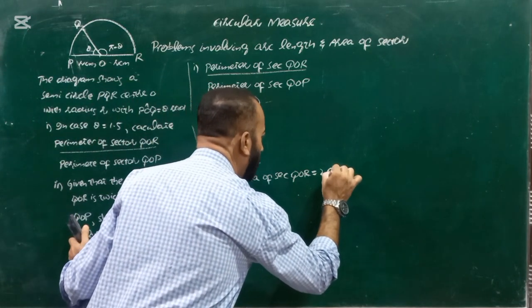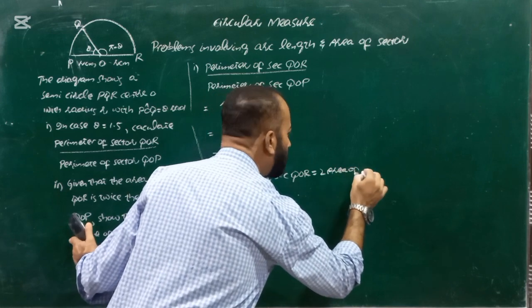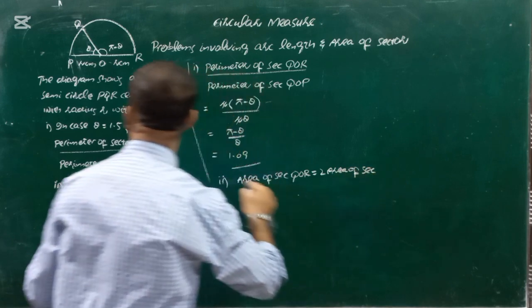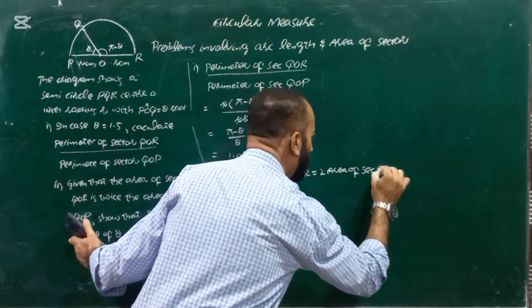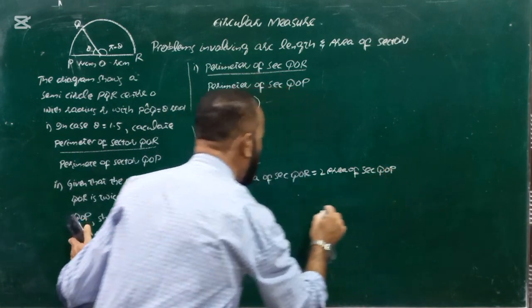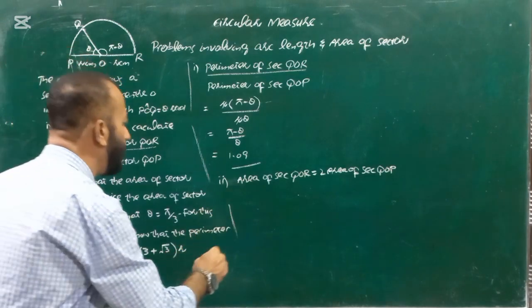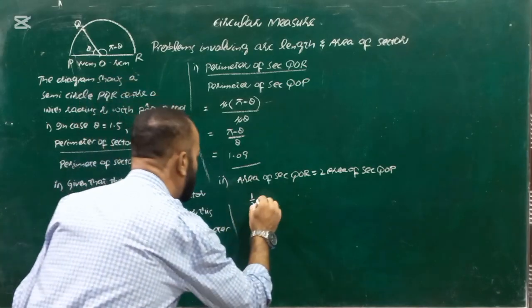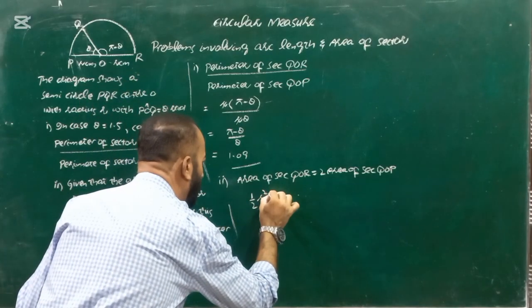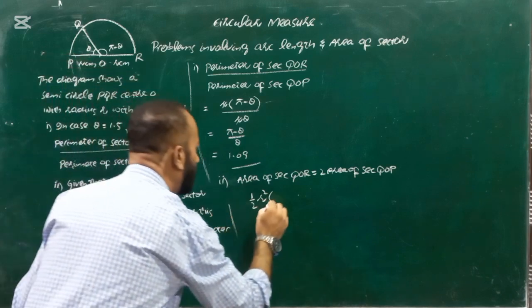So 2 times area of sector QOP. So now solving it, area of bigger sector will be 1 by 2 r square theta. So 1 by 2, radius is same, that is r square, and theta is pi minus theta.